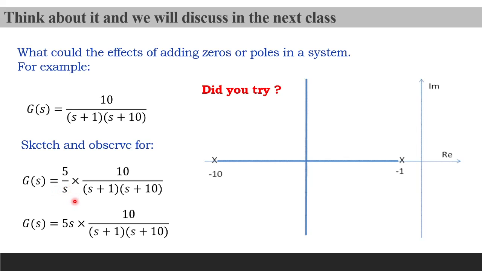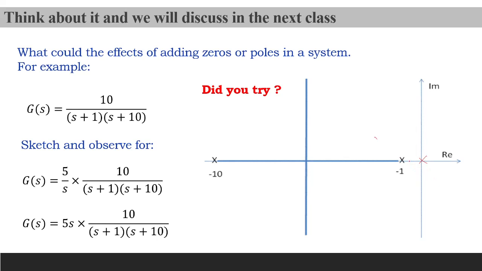All right. So the answer to the question is, if I add an additional pole to the system, which is actually at the origin, there would be an additional pole here, somewhere here.